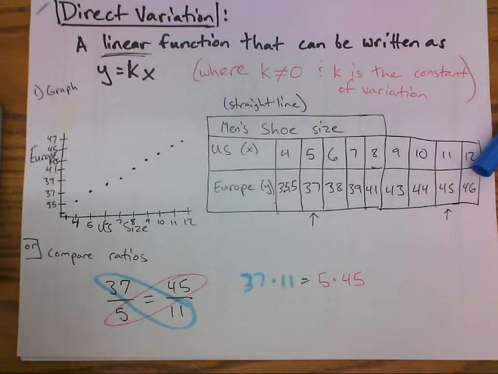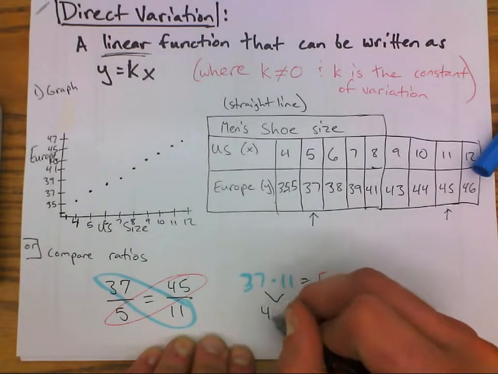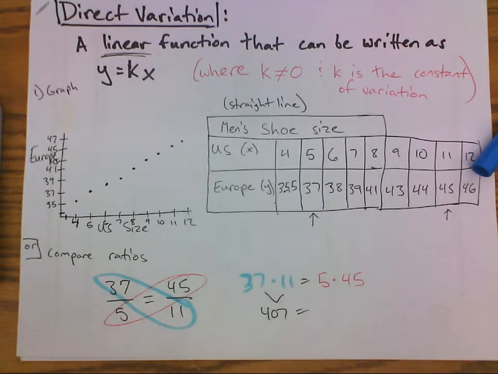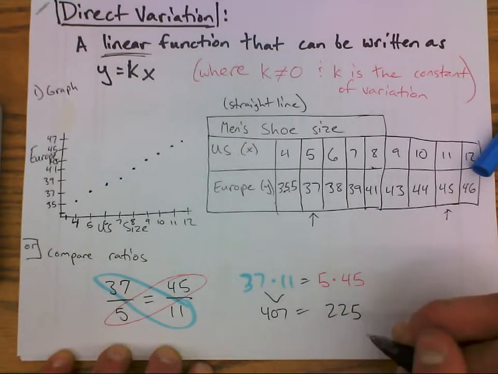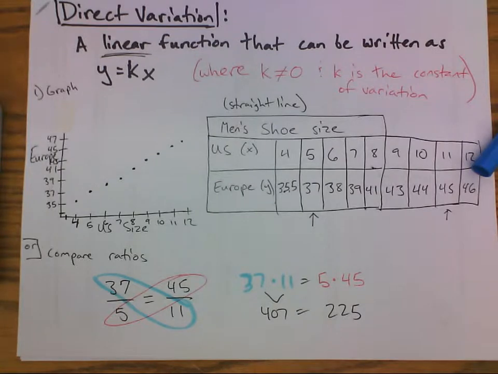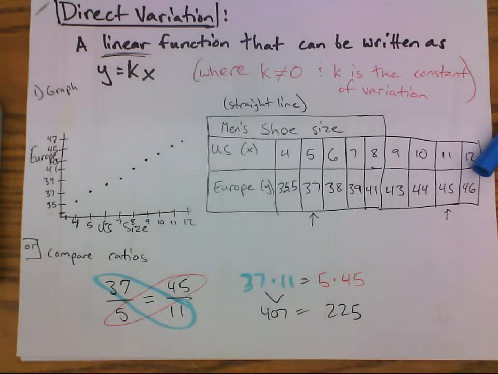And I promise you I'm not using a calculator right next to me, don't worry. 37 times 11 is 407. 5 times 45 is 225. As you can see here, these two ratios are not equivalent, so the graph is not linear. And again, if I zoomed up into this, you could see pretty clearly.